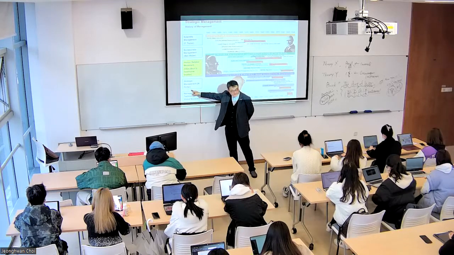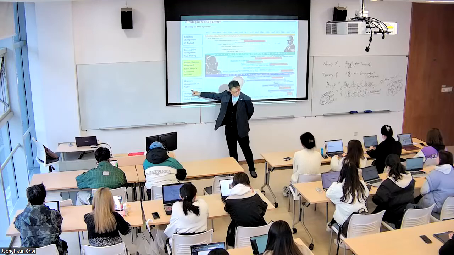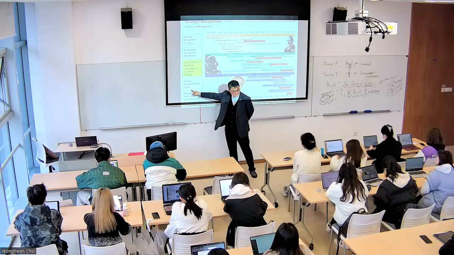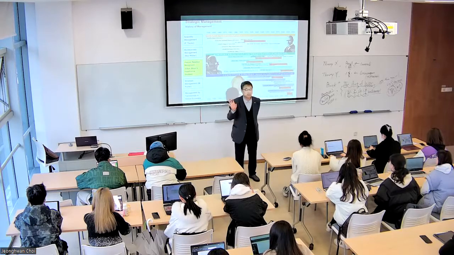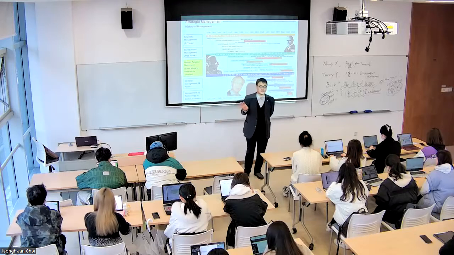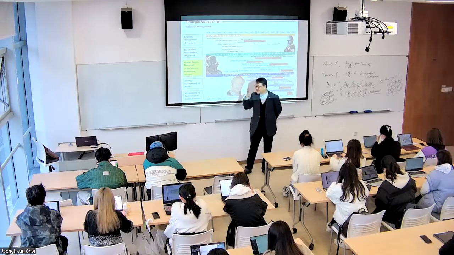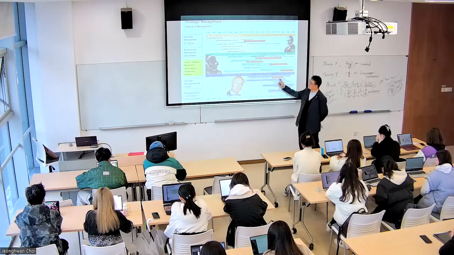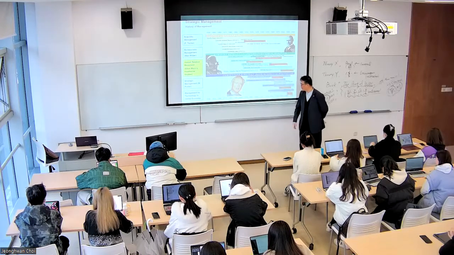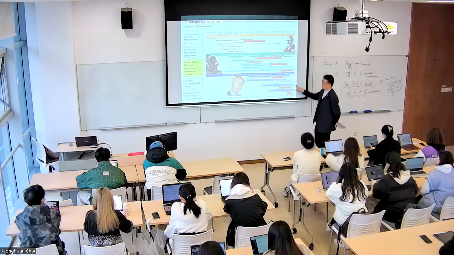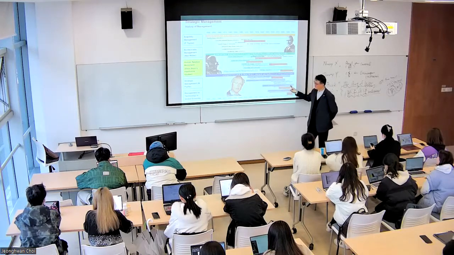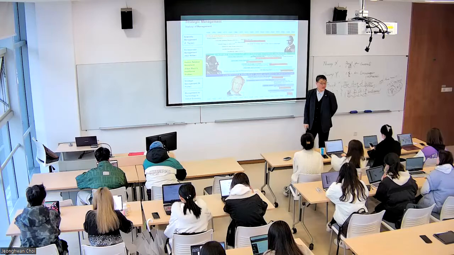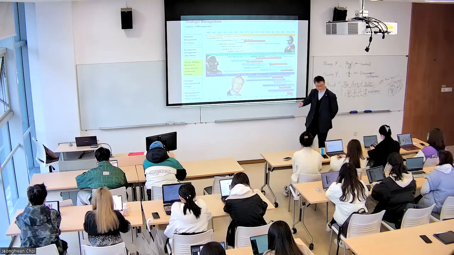We use strategy to make a business win over my competitors. Got it? That happened in the 1980s and 1990s. Michael Porter is a professor at Harvard Business School, and he's still active there.